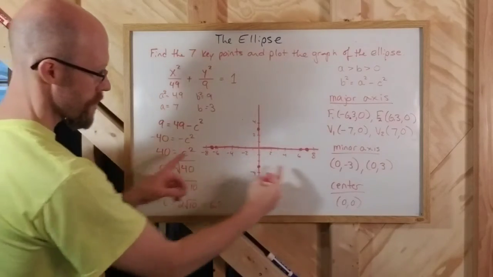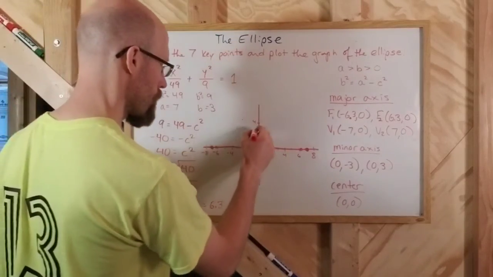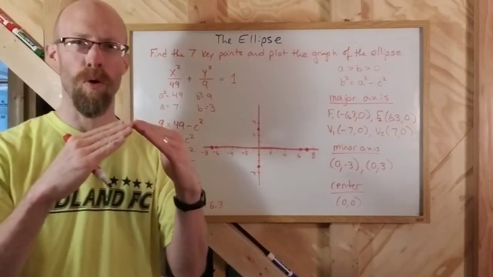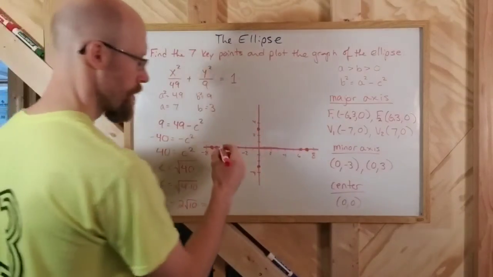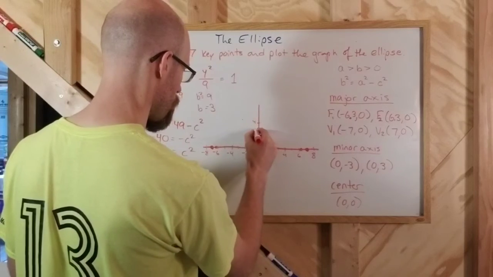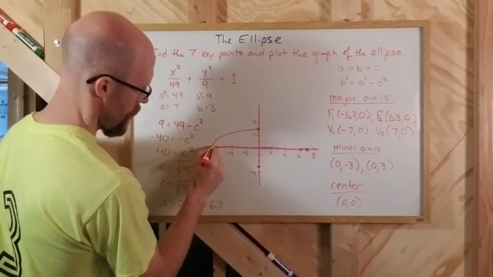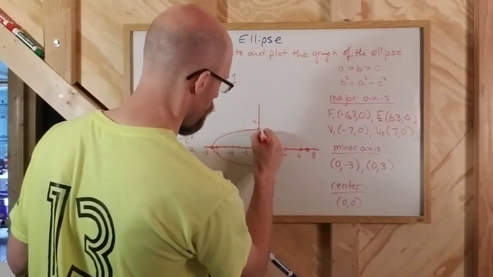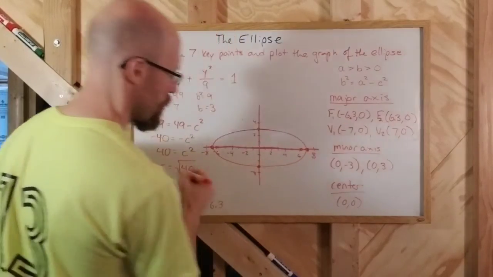So I want to connect the vertices with the 2 points on the minor axis. I'm going to try to do this with a smooth curve. I don't want it to be too pointy or boxy. So we're going to try to link these things with a curve. It's not going to be perfect, but we can do our best.